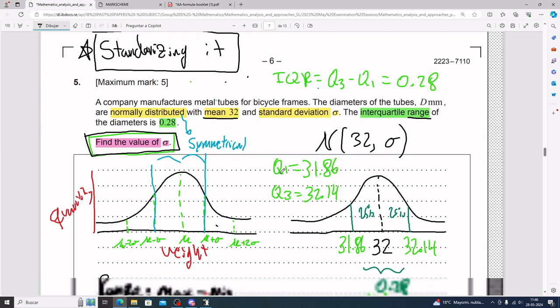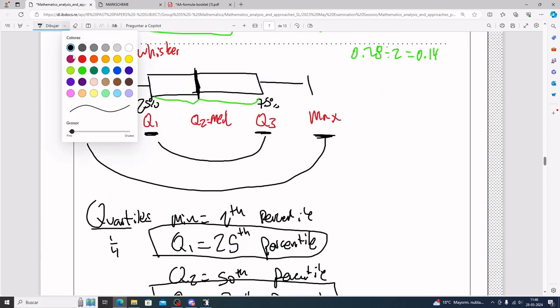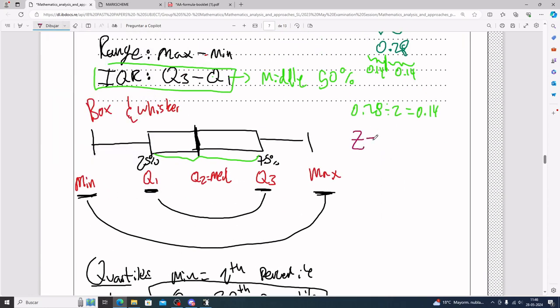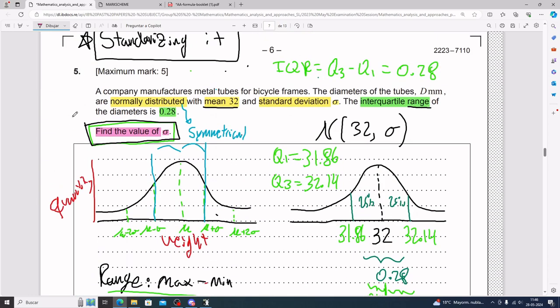Let me just write down that equation over here. So z equals x minus mean divided by standard deviation. So if you are able to find the z, the x, and the mean, you can just get standard deviation alone, and bada bim, bada boom, you find the value of your standard deviation.